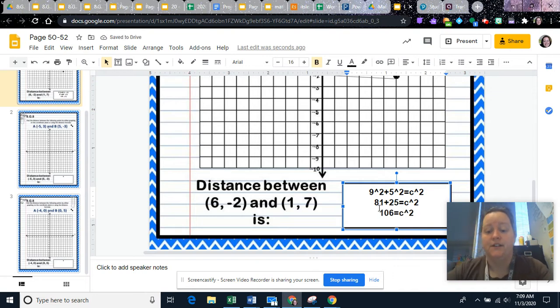And then remember, to go from here to here, you're going to have to take the square root of both sides. The opposite of squaring a number is to take the square root. It's saying what times itself is going to give you 106.